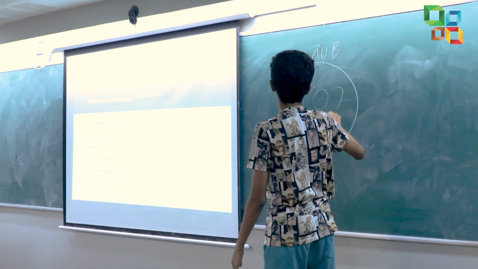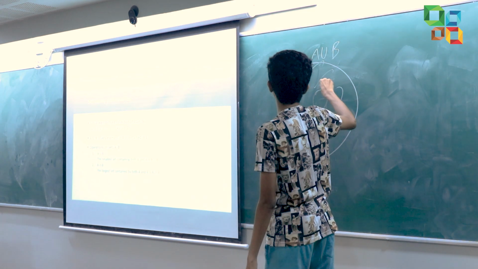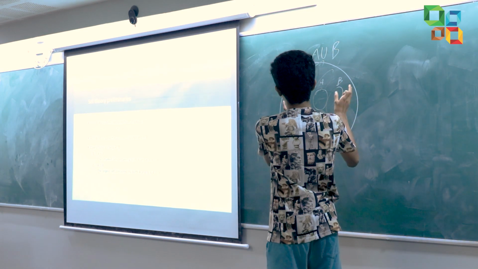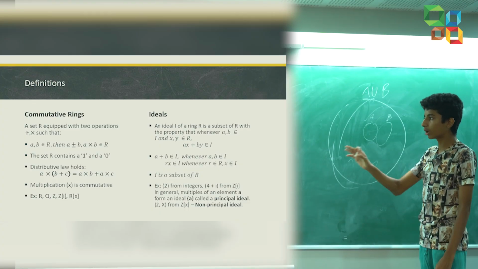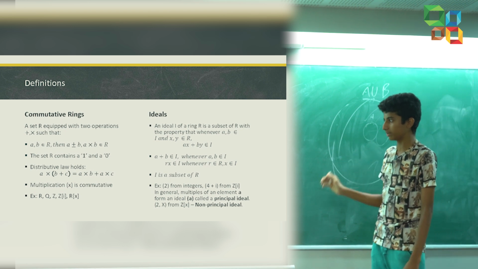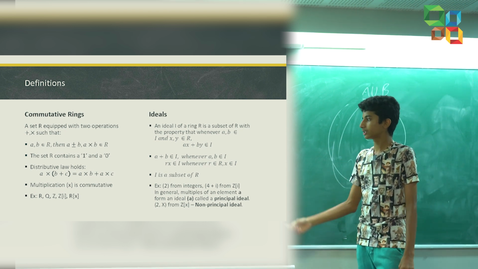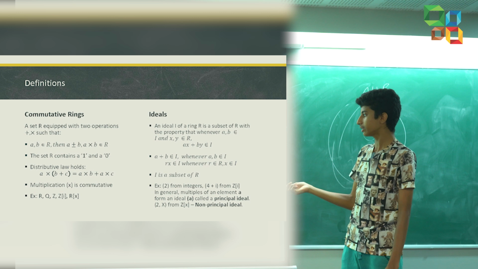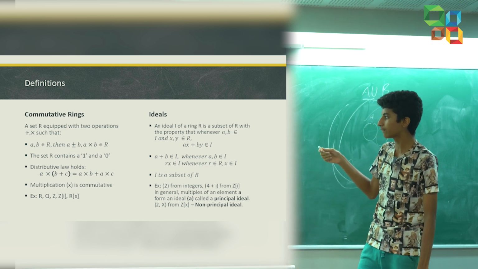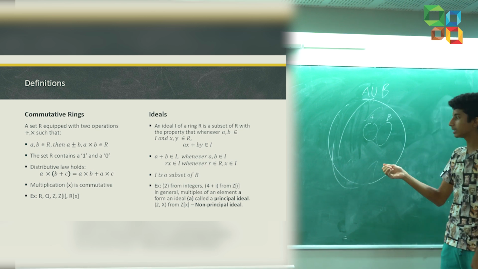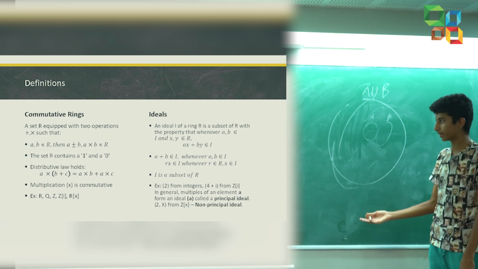It's somewhat like the sum, not exactly, but it's the smallest set containing both A and B. A intersection B is the largest set contained in both A and B. It's just the set of all common elements. You can think of it like that.